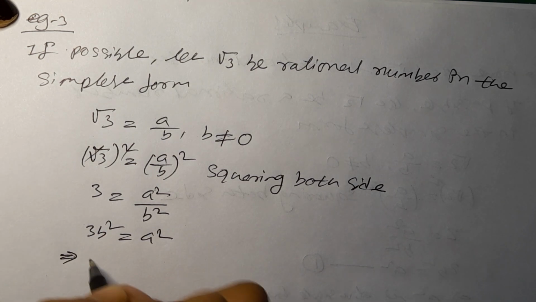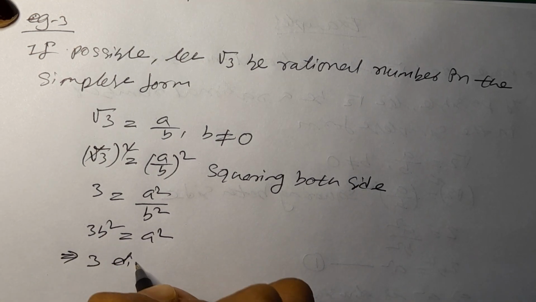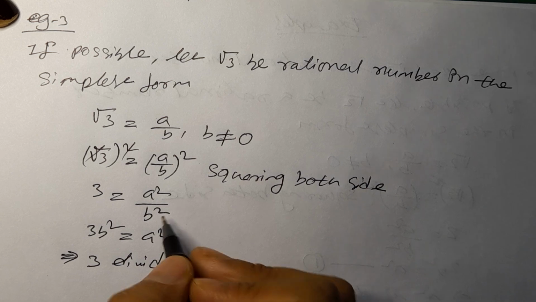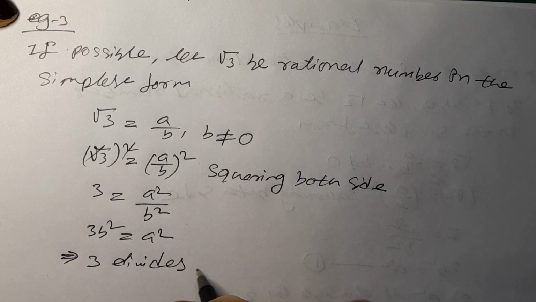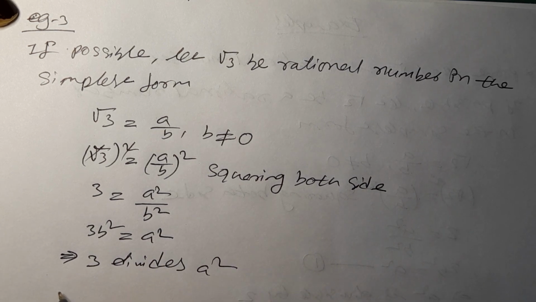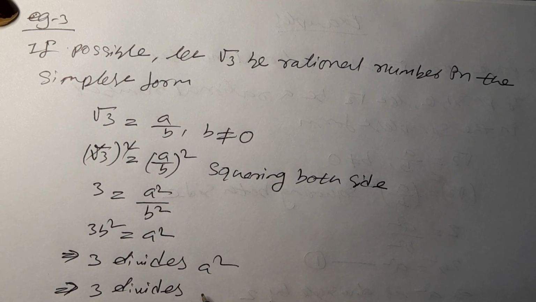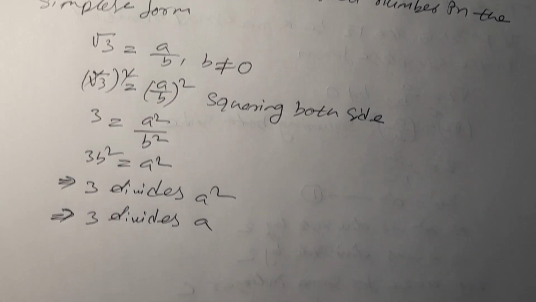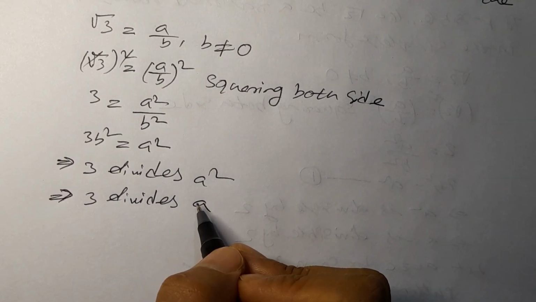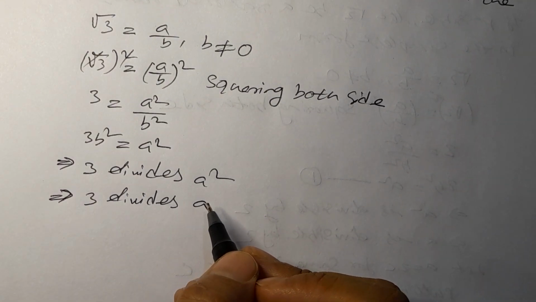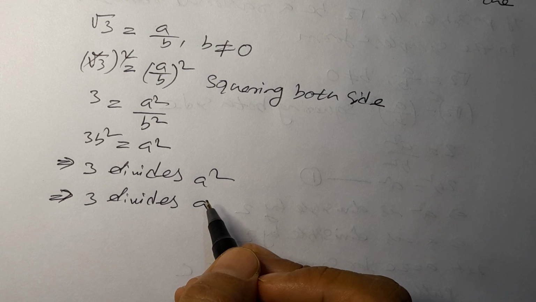So it implies 3 divides a square, implies 3 divides a. Now we got that a has factor 3. Now we are going to find the factor of b.